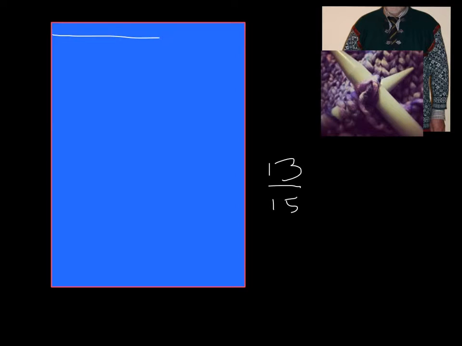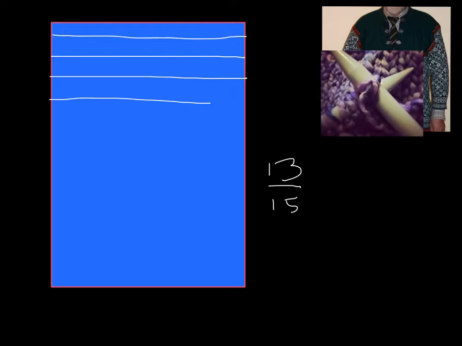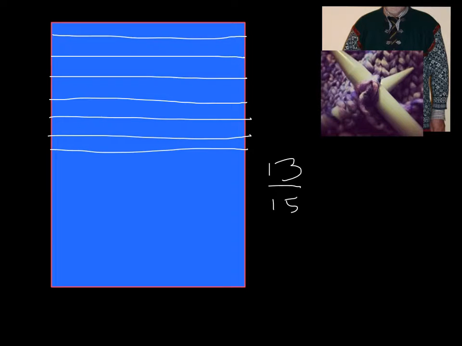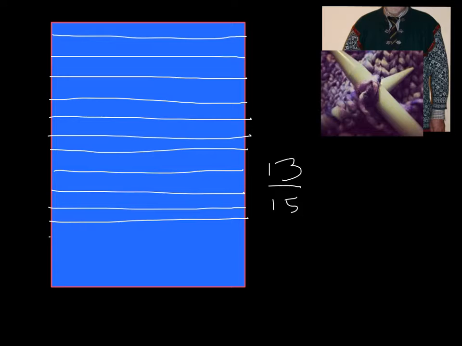So I'm going to just go 1, 2, 3, 4, 5, 6, 7, 8, 9, 10, 11, 12, 13, and 14 lines should give me 15 parts.